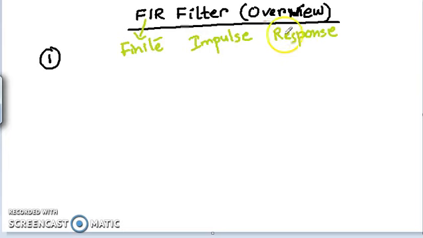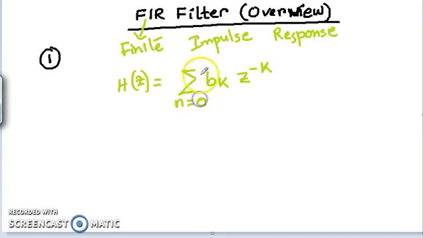Now the next thing, we know that FIR filter has a transfer function like H(z) equal to summation of h_k z to the power minus k, where k is equal to 0 to M. Now this is the transfer function of finite impulse response filter.